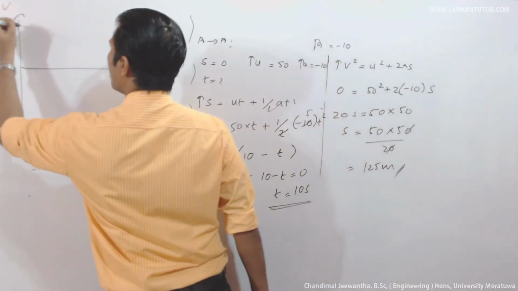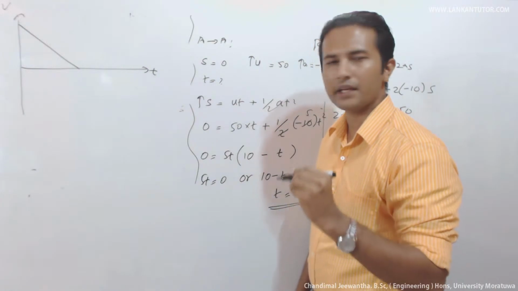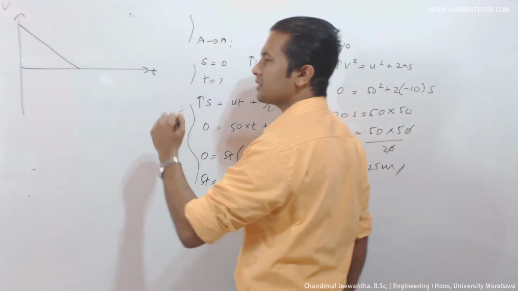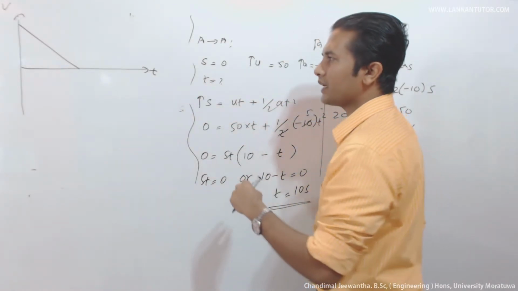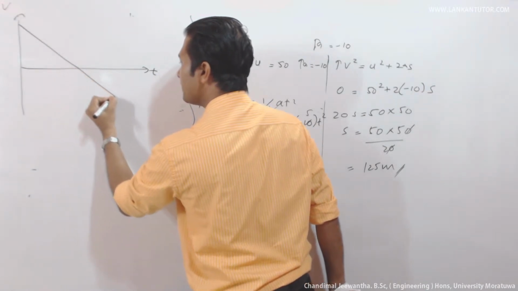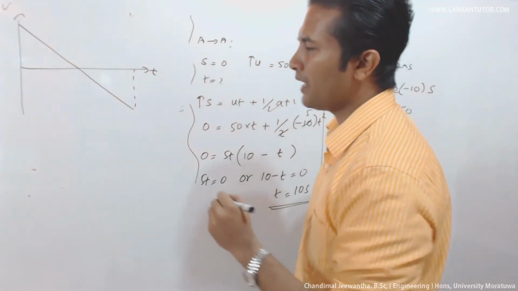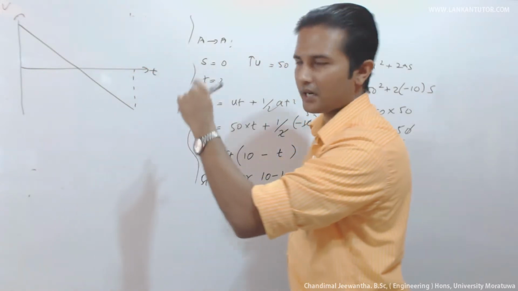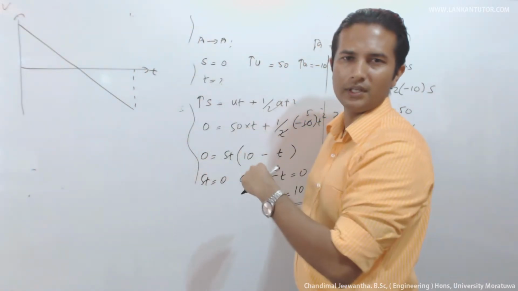Then it reaches the maximum point and the velocity is 0. Then it moves in the negative direction, which means the negative velocity increases as time progresses. The important thing is that the area made by the graph on the t-axis should be equal.